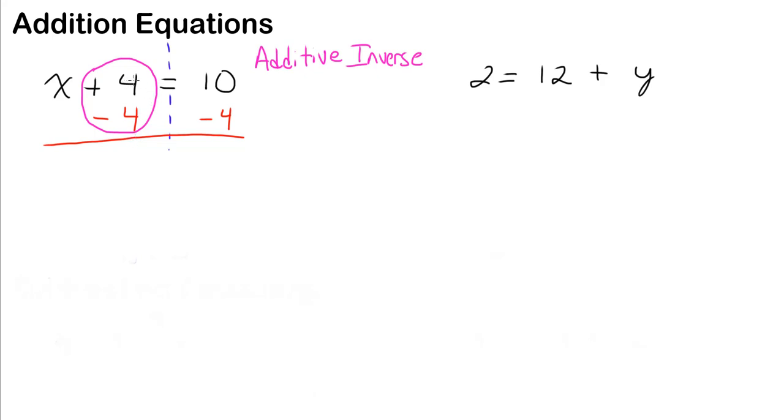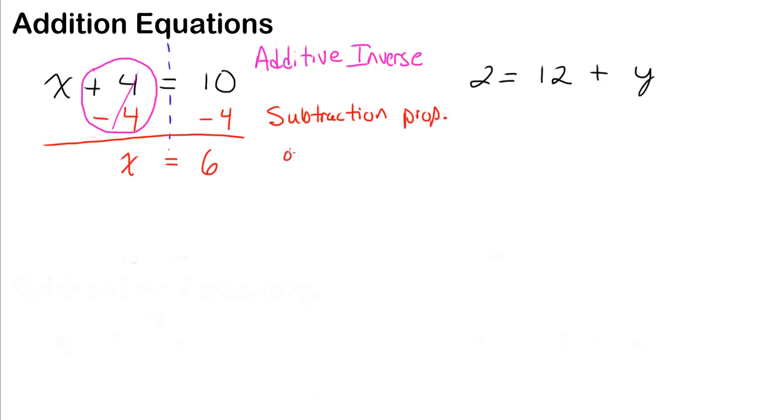So positive 4 plus negative 4, or 4 minus 4 equals 0. And that kind of cancels out because x plus 0 equals x. When you add 0 to something, it doesn't change. So this leaves me with an x on the left-hand side. And on the right-hand side, I have 10 minus 4 equals 6. Now, here, where I subtracted 4 from both sides, this is called the subtraction property of equality.